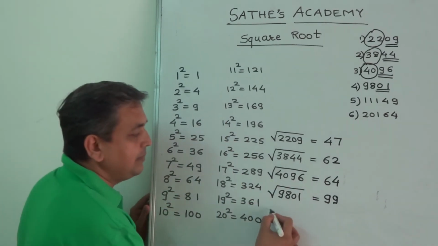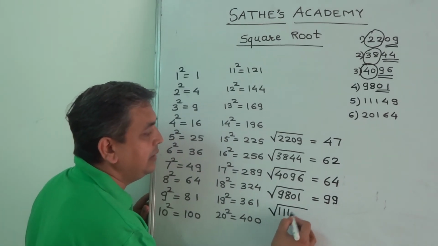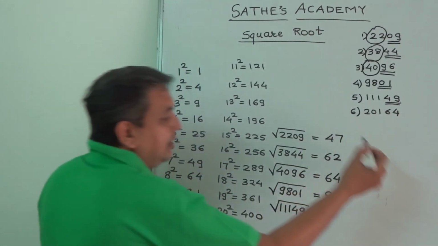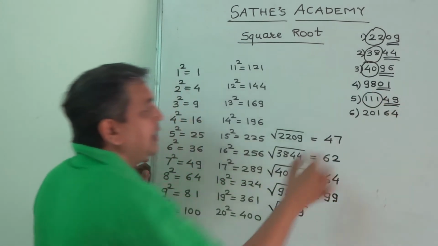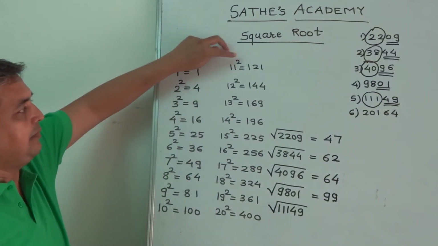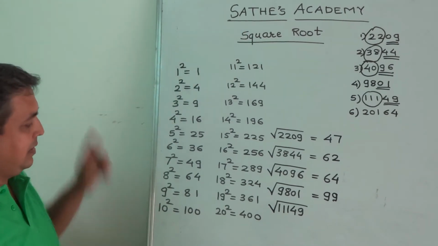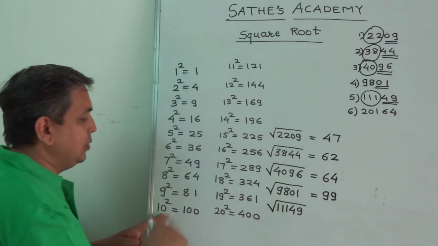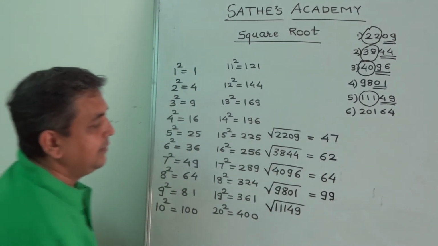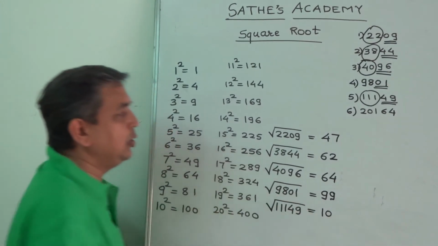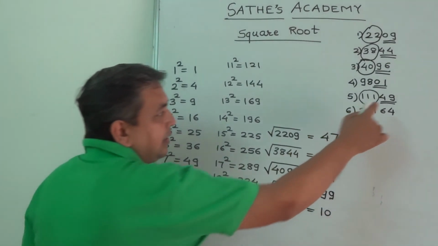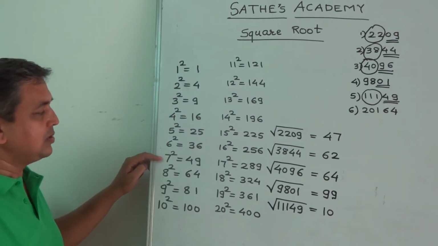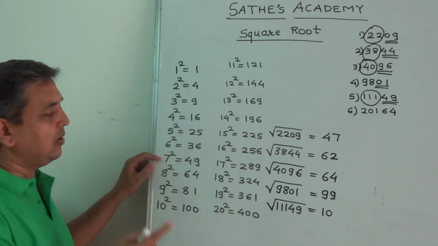The next fifth sum, root of 11149. This is 49, a pair, and this is 111. Now we see 11 square is 121 and 10 square is 100. 111 lies between these two, 10 square and 11 square, and so I have to write 10 over here. Now I have to check for this 9. 9 appears in 3 square and 7 square, so I have to write either 3 or 7.